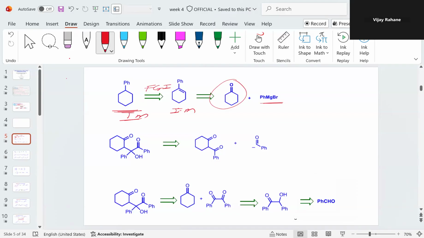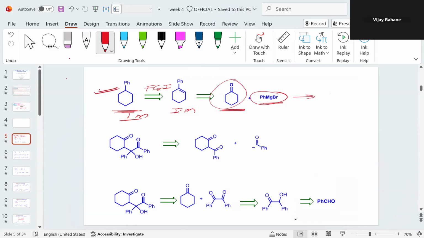So let's start the linear synthesis of this molecule. Let's say we have this type of reagent, and we do the reaction with this PhMgBr, which is a Grignard reagent.